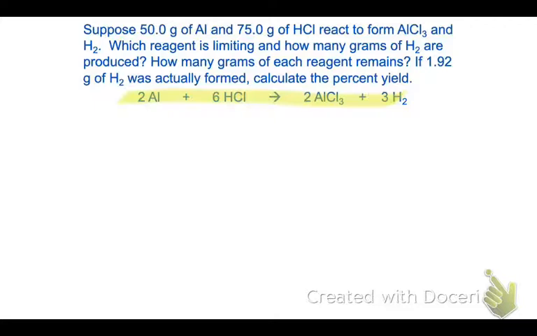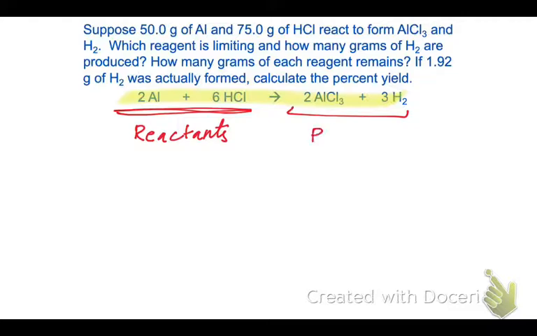Remember, this part here is the reactant part, and this part here is the products. If they ever give you quantities of two reactants, that means you immediately have to figure out what your limiting reactant is. Okay? So now let's go back.